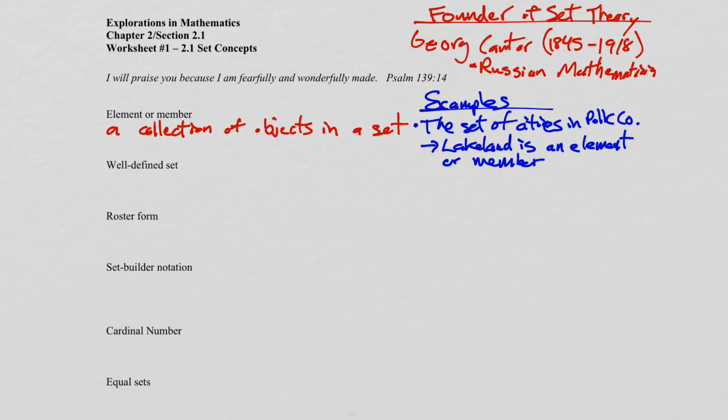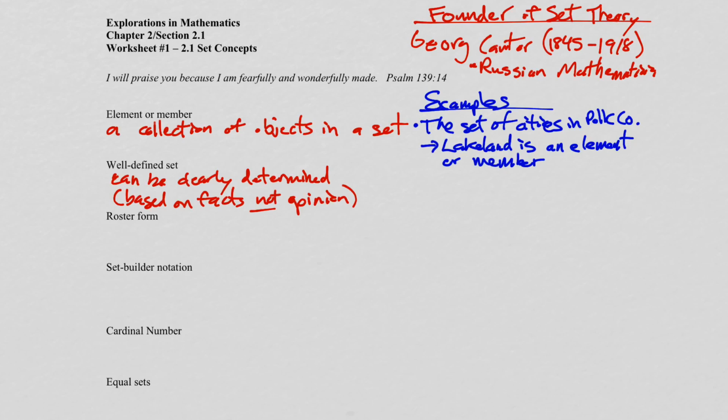A well-defined set is basically a set that can be clearly determined. So this is based on facts, not opinion, okay? Based on facts, not opinion.